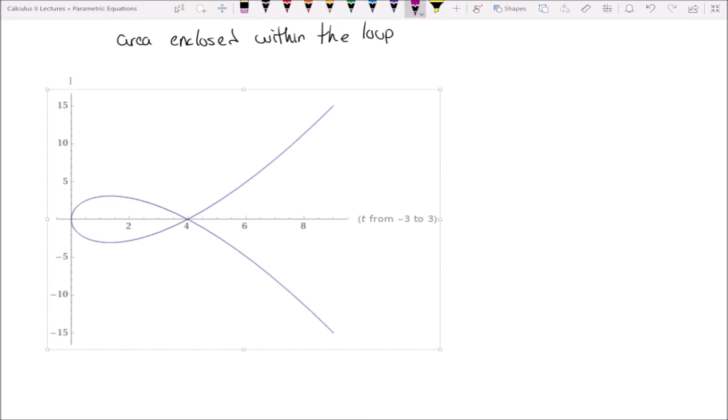So the region that we're interested in is this area right here.